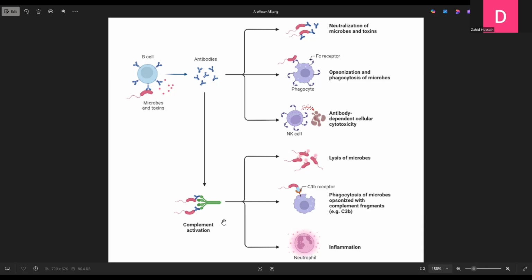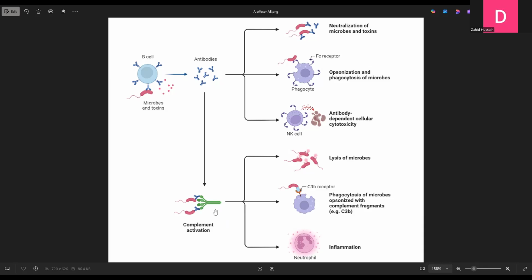Antibodies will bind with the microbe, and then with the help of the FC part, they will activate the complement system. So basically, all the effector functions of the antibodies will take place with the help of the FC part.